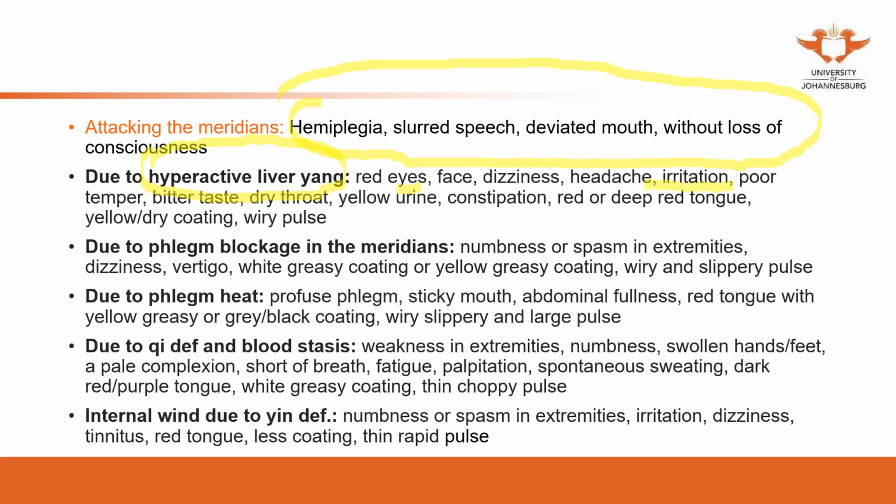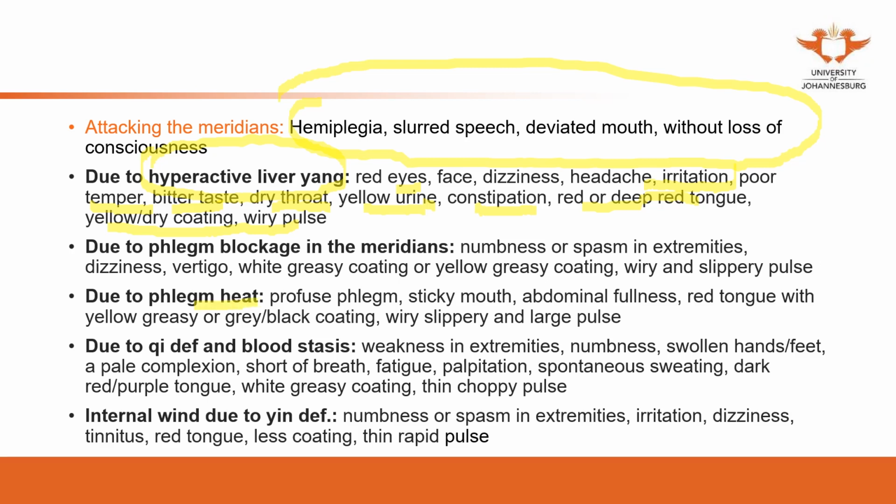irritation, liver emotion, poor temper, bitter taste, dry throat because of yang, yellow urine because of yang, constipation because of lack of body fluid, also due to heat, red or deep red tongue, yellow dry coating, or yang symptoms or fire symptoms.